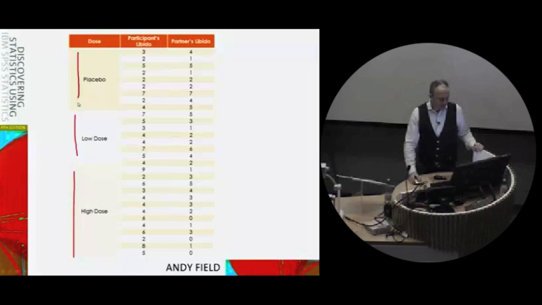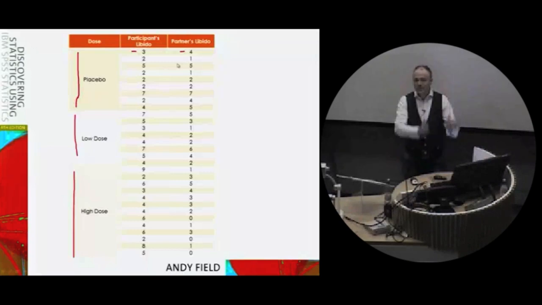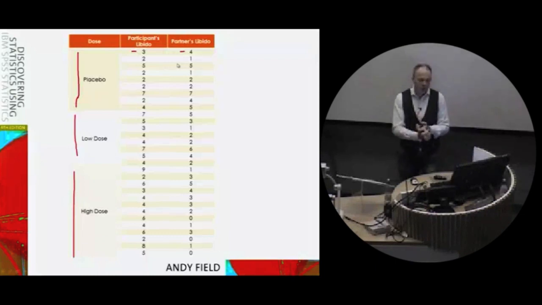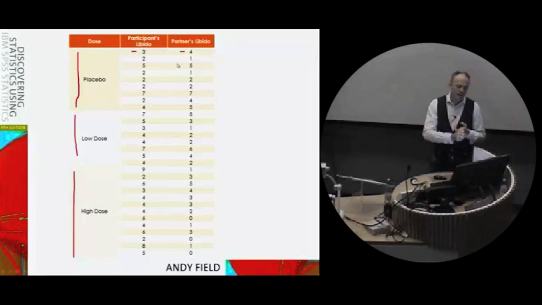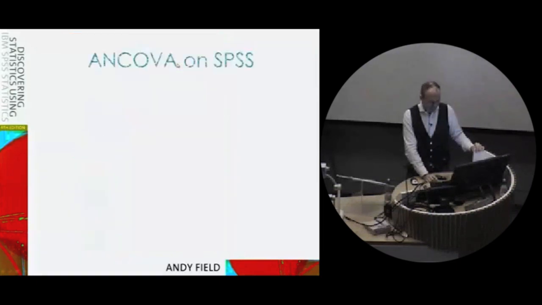Then every participant has a score of their own libido, so this first person has a score of 3, their partner had a score of 4. So this is literally how it'll be arranged in 3 columns, as you saw in the data file: a variable representing the dose that a person received, then their actual libido, then their partner's libido. So the data looks like that.